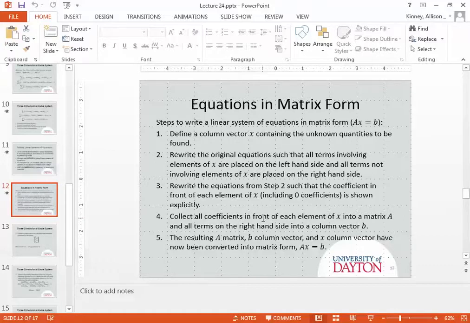The coefficients in front of the unknown variables, the terms with the unknowns in them. So the A matrix is the matrix containing the coefficients for the unknown terms.